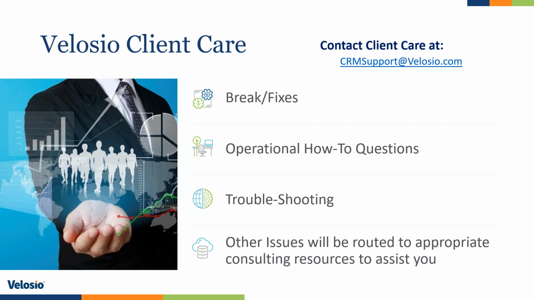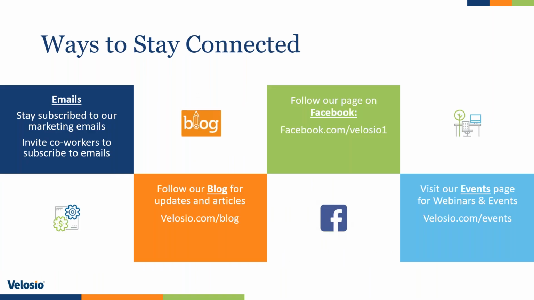You can just email crmsupport@velasio.com. And when you email crmsupport@velasio.com, a ticket is automatically created for you and someone will reach out to you very shortly. This is perfect in case, like I said, somebody's traveling out of the office or on PTO. And one thing to note is when someone emails us for support, we normally will create a ticket anyways. So it's always a good measure to just CC this email anyways, and then you know that you're covered on both options.